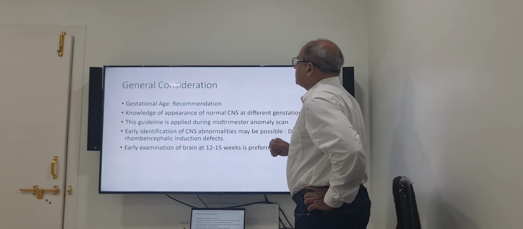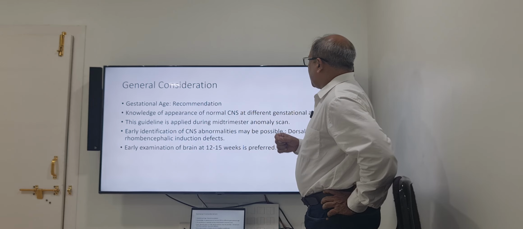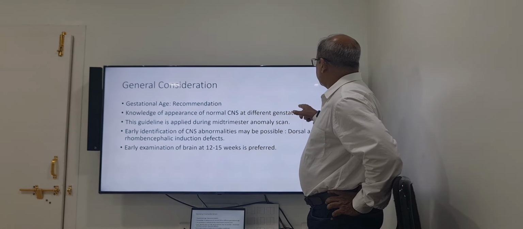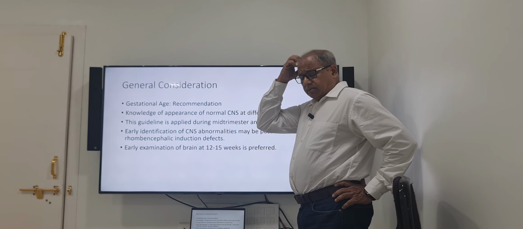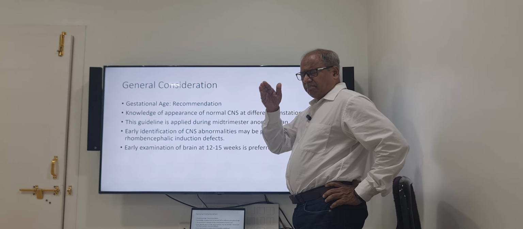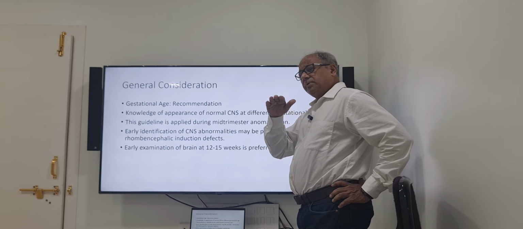So, general consideration: gestational age, the recommendation, knowledge of appearance of normal CNS at different gestational age. Very, very important, because there are multiple things which are present which will appear later.